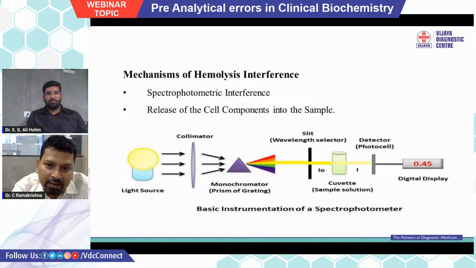Some of the light is absorbed. The absorbed light is proportional to the concentration of the substance. If the sample is lysed, there is discoloration of the sample, and the absorbed light will be different, and hence the concentration will also be variable.